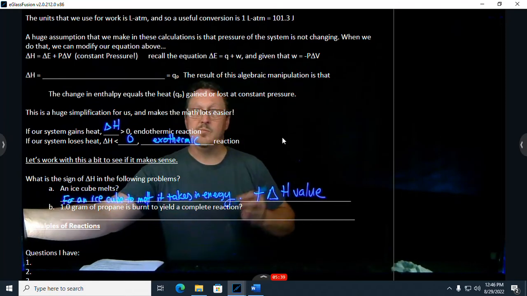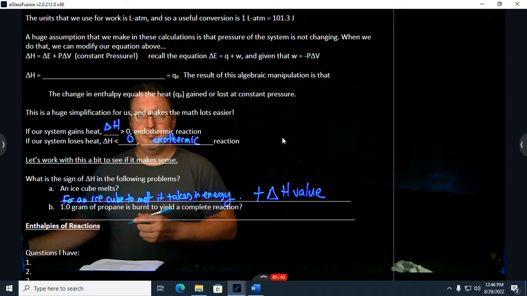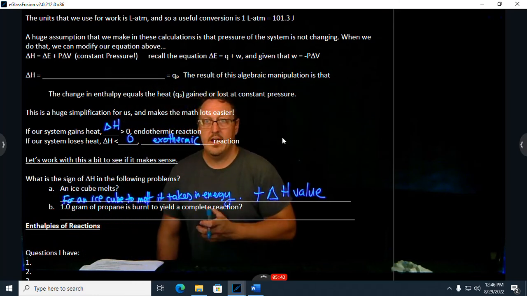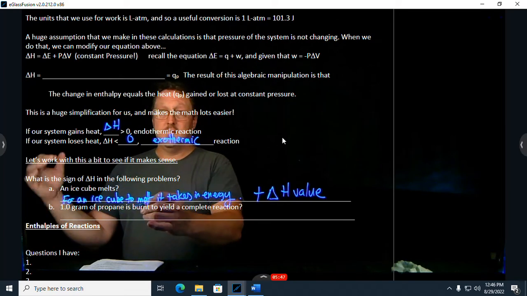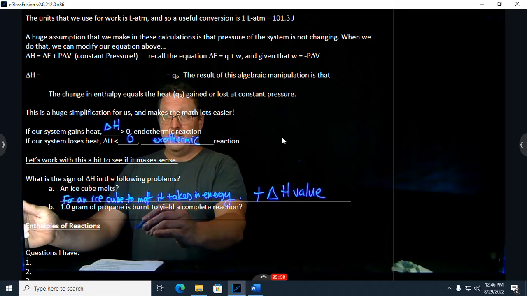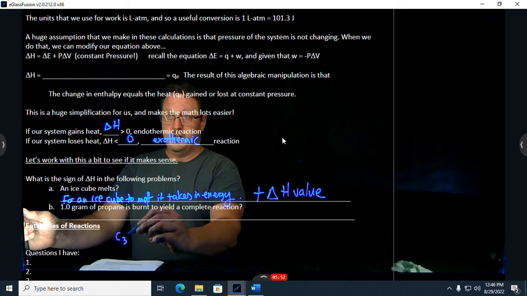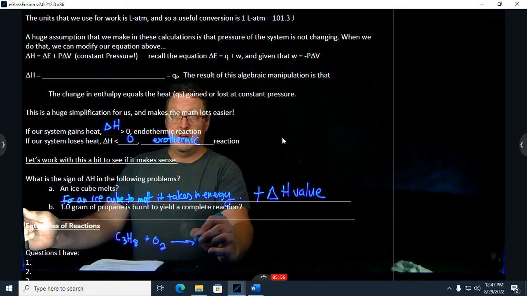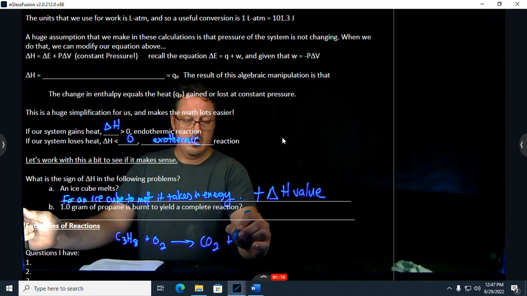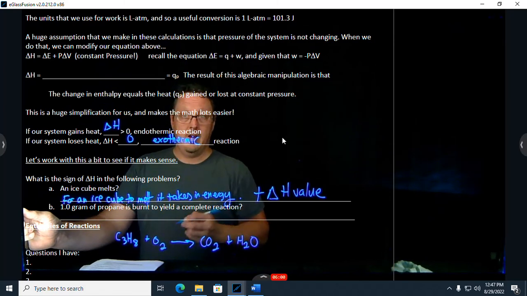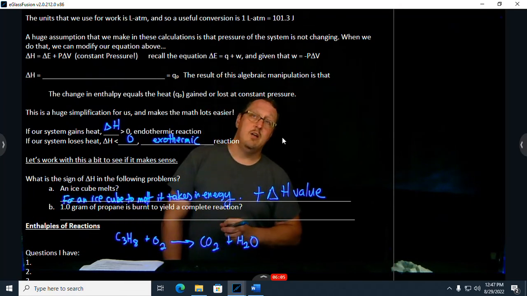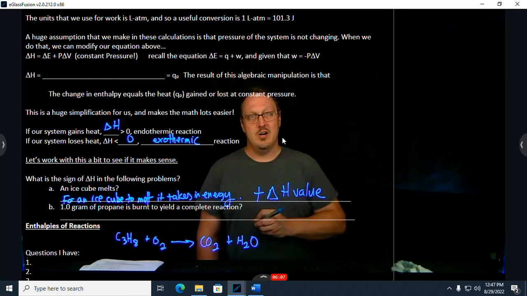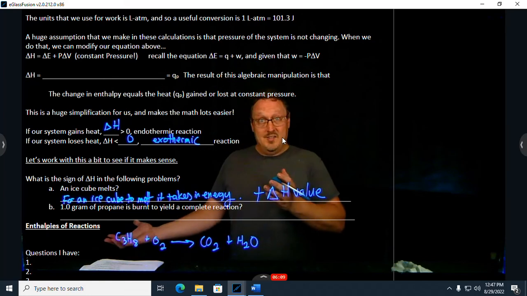Next, 1 gram of propane is burnt to yield a complete reaction. This is combustion. Propane is C3H8, so C3H8 plus oxygen releases CO2 and water. A lot of our homes in northern Wisconsin are heated using propane. If you've got a big metal cylinder outside in your yard, you're burning propane to stay warm.